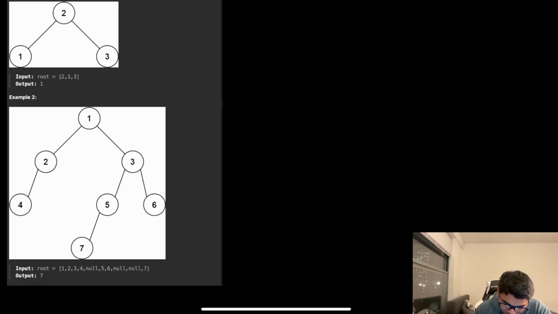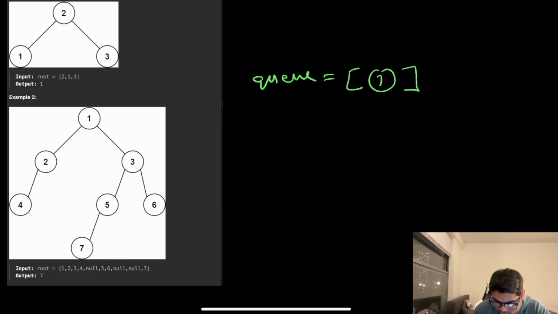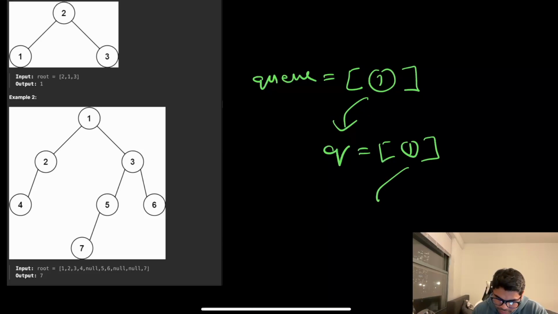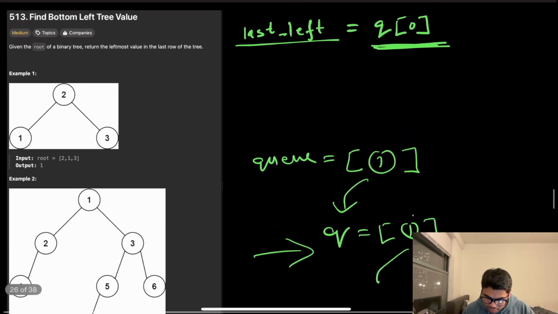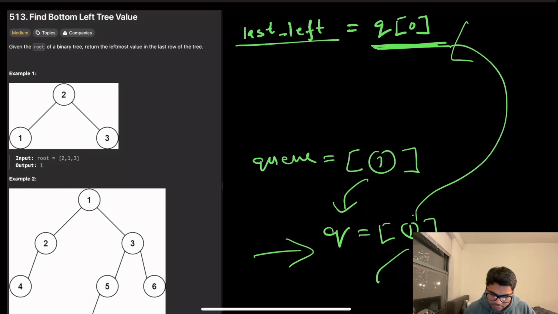Here our main queue will contain the root node first, and then we pop it out, assign it into our smaller queue, and from the small queue we pop it out and process it, and also we update this to our variable here, right?